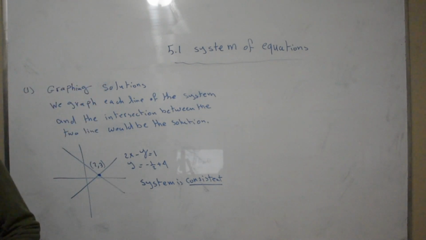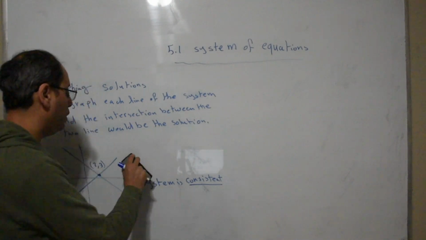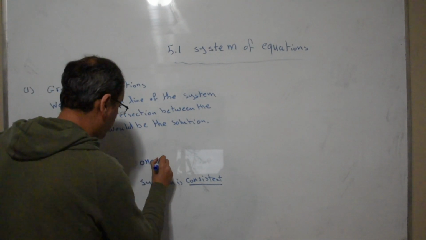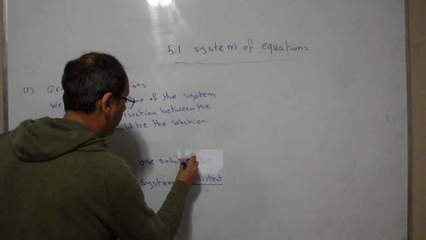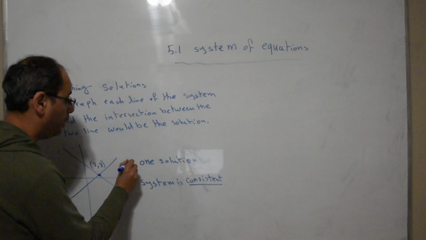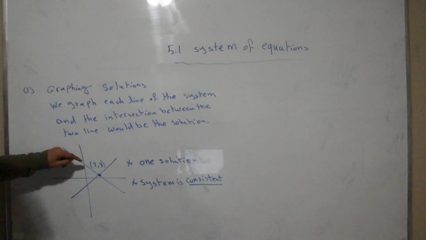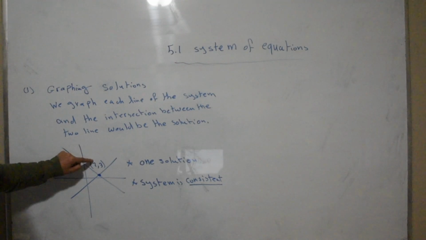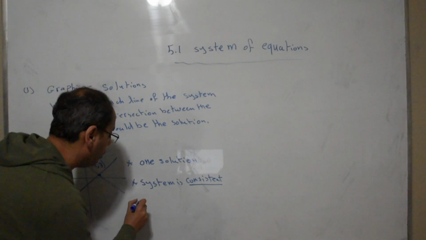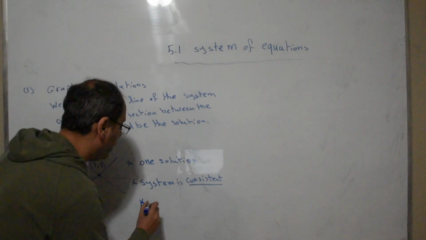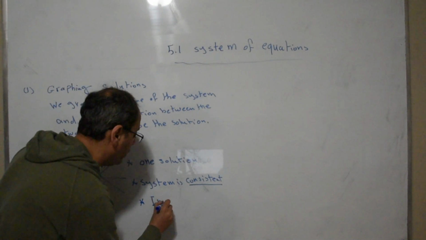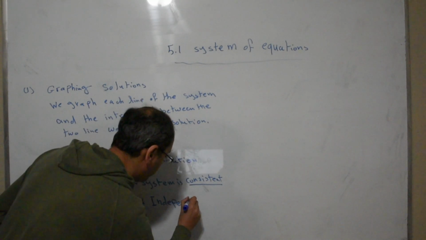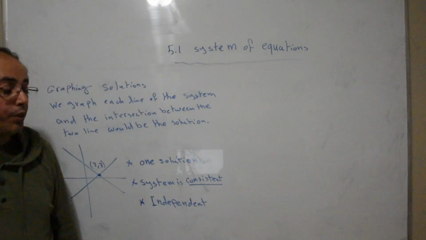So let's write this down here. One solution, and the system is consistent. And since the value of x is not dependent on the value of y, or the value of y is not dependent on the value of x, we call the system independent.